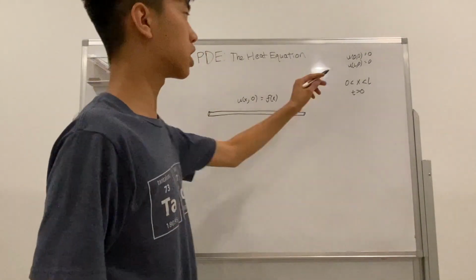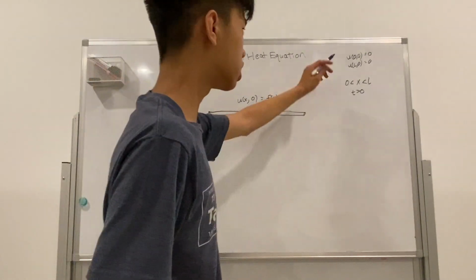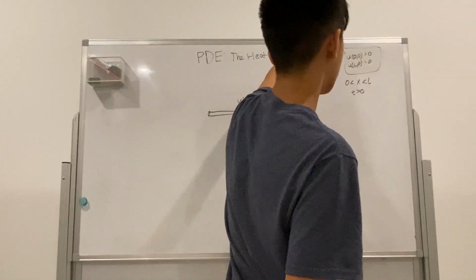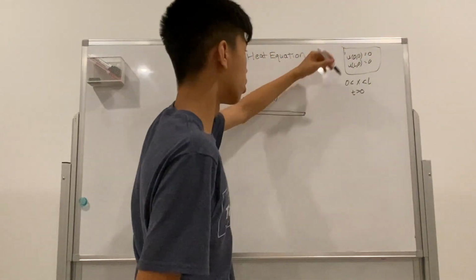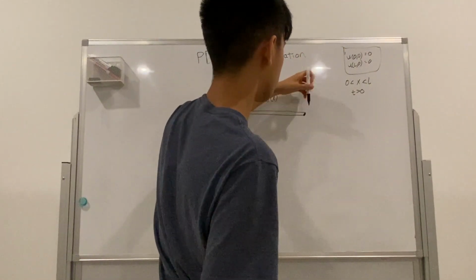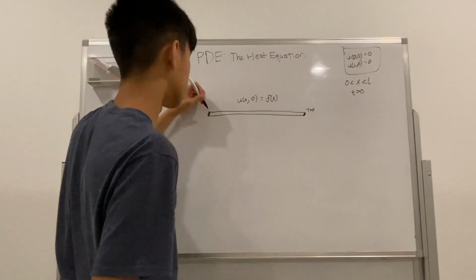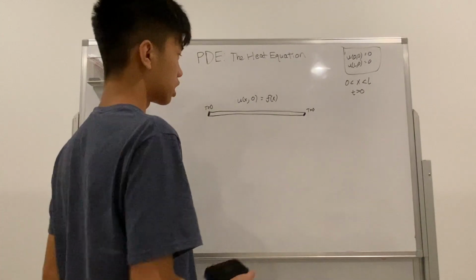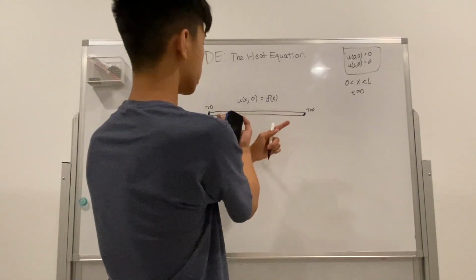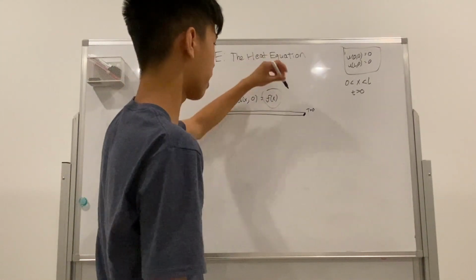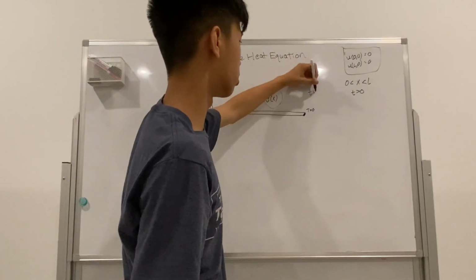Now, once you set t equal to 0, you suddenly change the temperatures of the ends to equal 0. So now all of a sudden, this is equal to 0 and this is equal to 0. But the thing is, everything in between is still f of x right after time is 0.